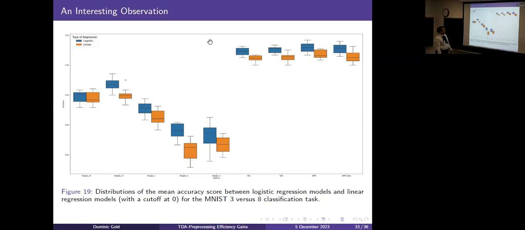But of course, per weight class, the logistic regression beats it each time. Still, it's a really interesting observation that I can beat out an actual logistic regression model by using a stronger pre-processing technique. So in a sense, there's some information extraction going on that is really model agnostic.